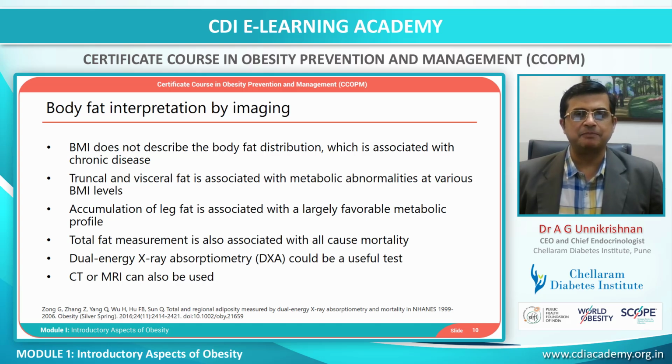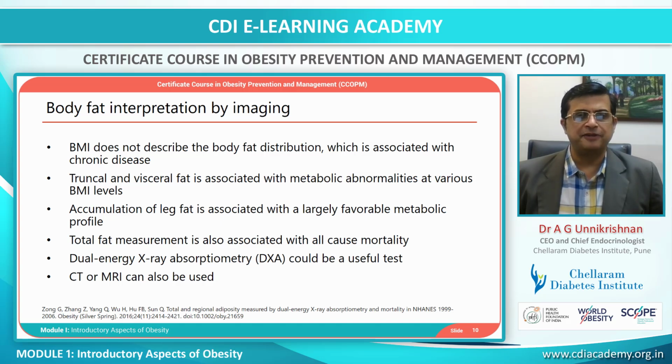BMI does not describe the body fat distribution. The body fat distribution is associated with chronic disease. The truncal and visceral fat is associated with metabolic abnormalities at various BMI levels. The accumulation of leg fat, as opposed to abdominal fat, is associated with a largely favorable metabolic profile.